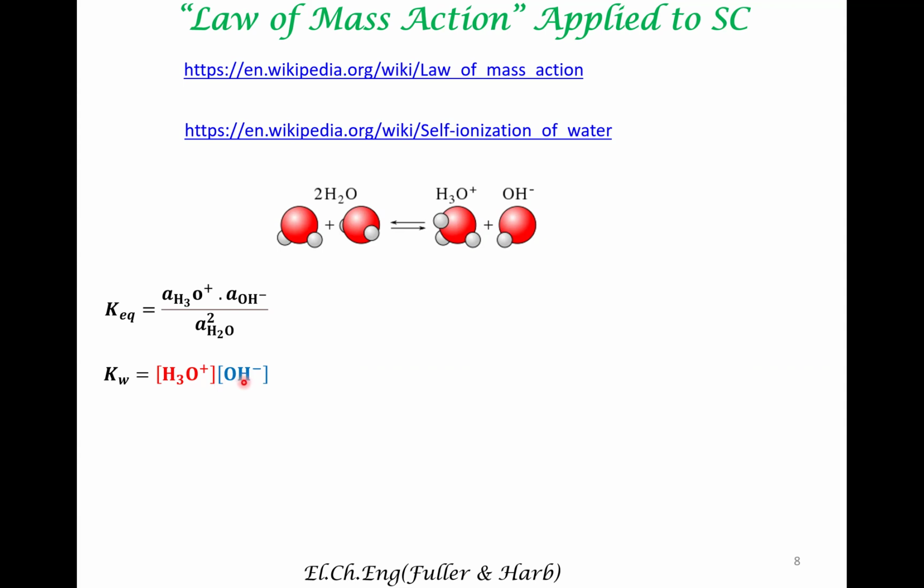So this relationship of pH plus pOH equal to 14 comes from this quantity being equal to 10 raised to negative 14. Why are we referring to all this? There is something called the law of mass action in a semiconductor.